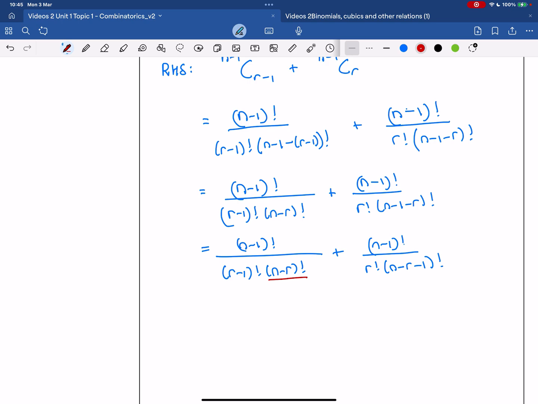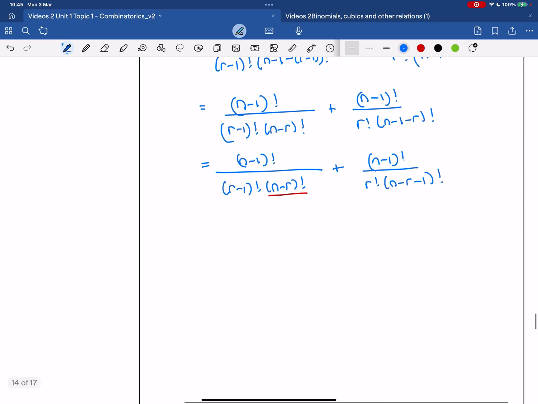Okay, and r factorial can be rewritten as r times r minus 1 factorial.